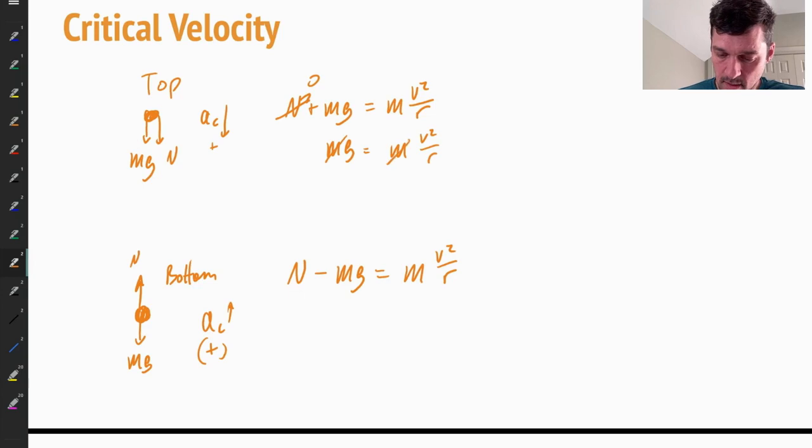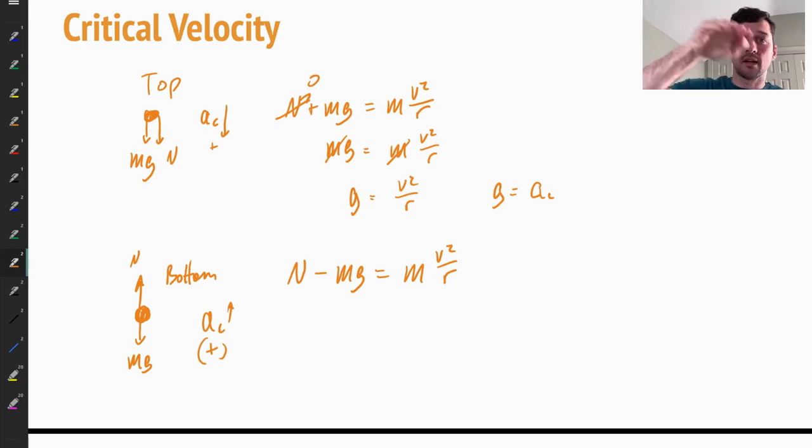We cancel the m's, and it turns out that g equals v squared over r. g equals the centripetal acceleration. The amount of acceleration that is present at the top of that curvature is exactly equal to gravity.